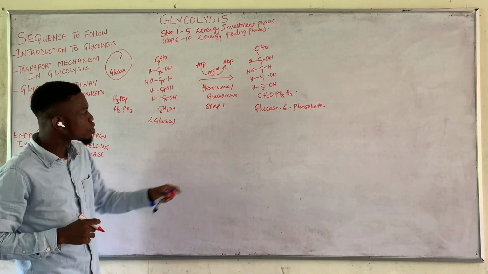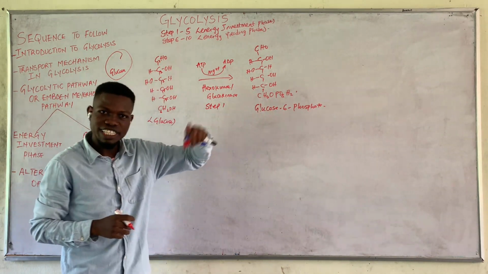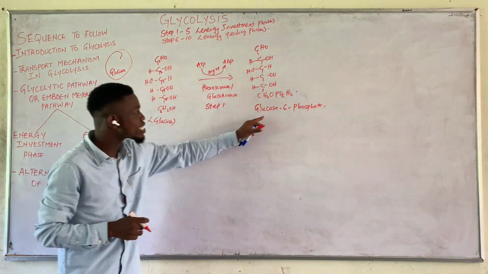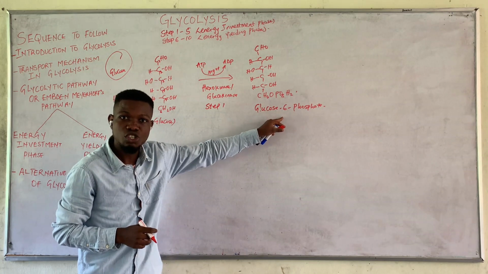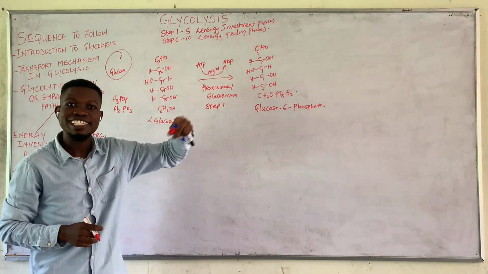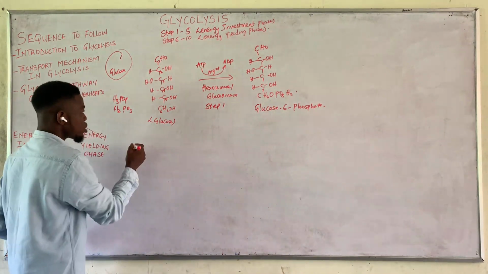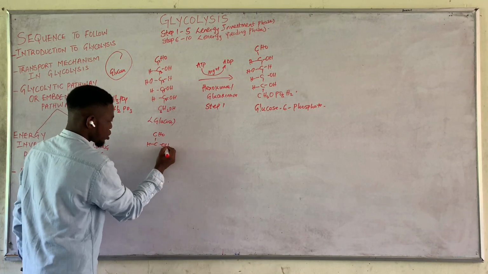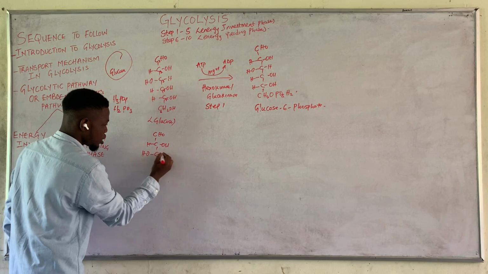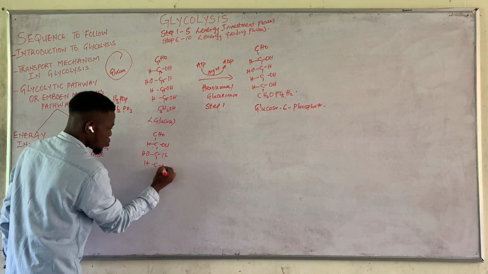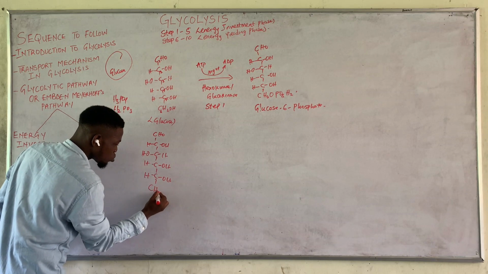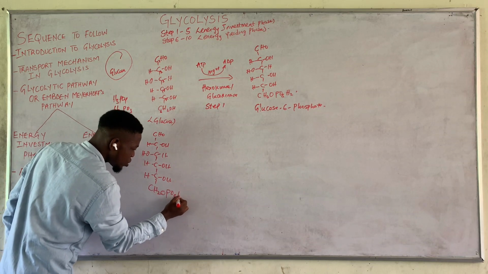So step 2. The product of one step is the substrate of another step. So in step 2 now, this will be our substrate, where the second enzyme of glycolysis will act. So let's join. So this CHO, CHOH, CHOH, CHOH, CHOH, then CH2O, PO3, H2.